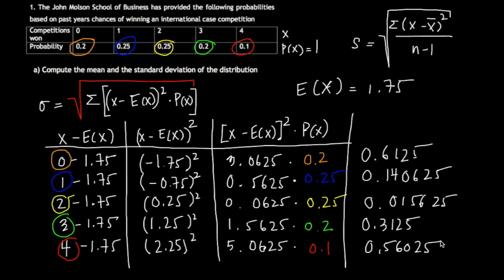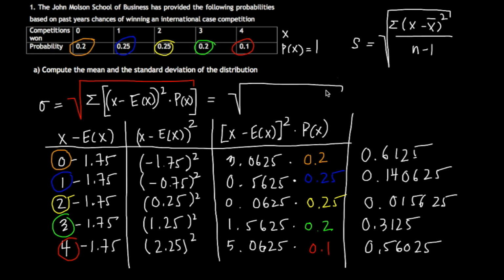Okay, so now we're going to add them all up, and I'm simply going to put them underneath the square root. So I'm going to put the sum under the square root. We don't need this anymore. So let's just put the sum down here under the square root.